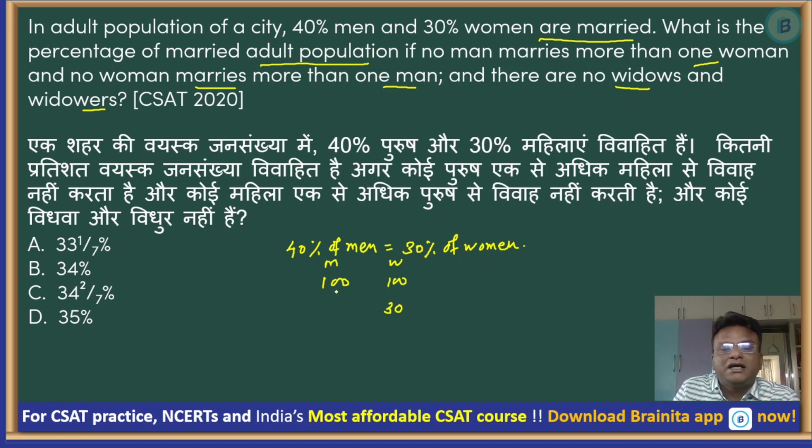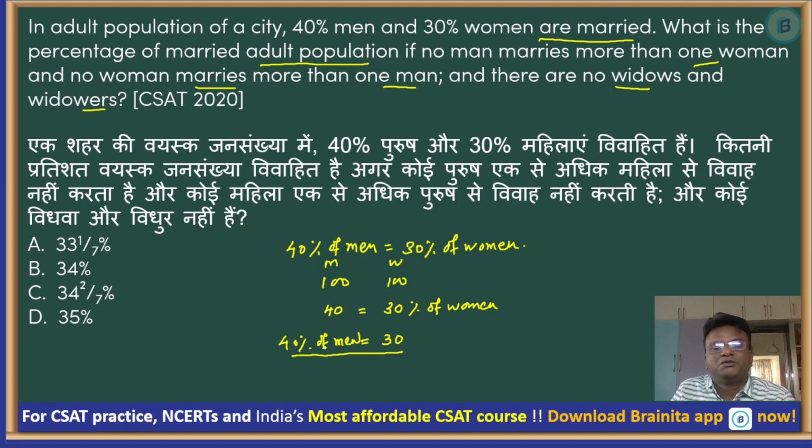If I take men as 100, then 40% means 40 men are married, which is equal to 30% of women, right? Or I can take 30 is equal to 40% of men, right? And for me, this is actually simpler option because 100 is divisible properly by 40 rather than 30, right? Otherwise you will run up in the fractions.